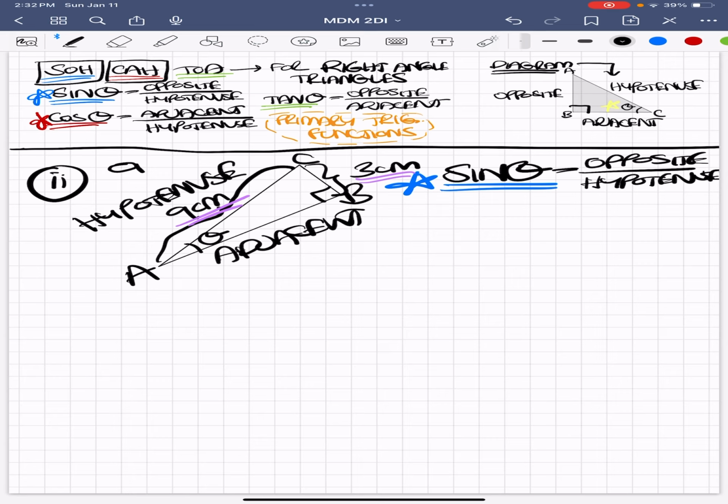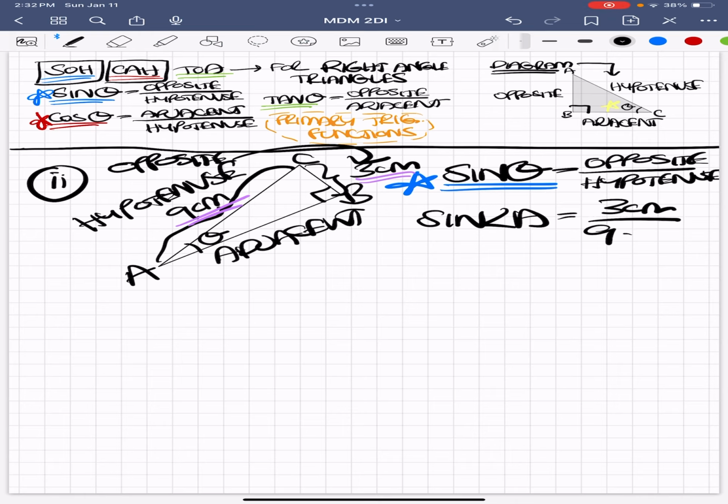And then opposite. So we are going to take the sine of angle A. We're going to input the values of opposite and hypotenuse. And then we have angle A.